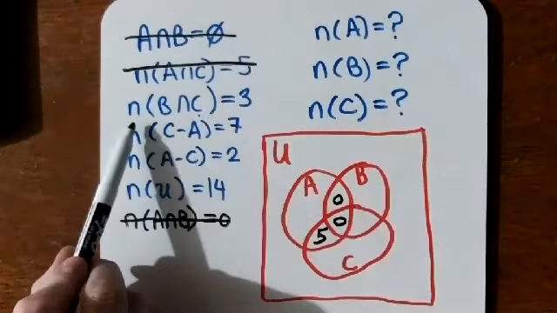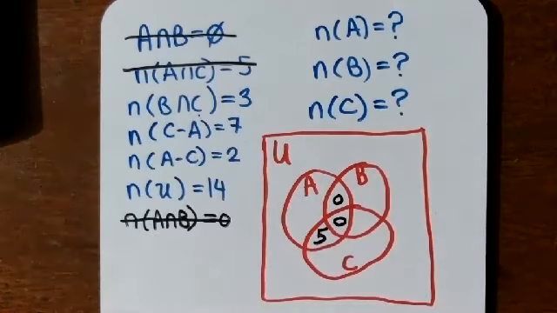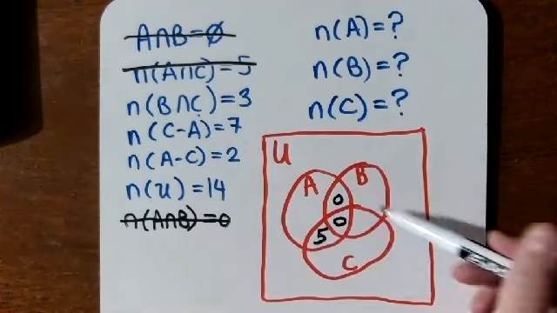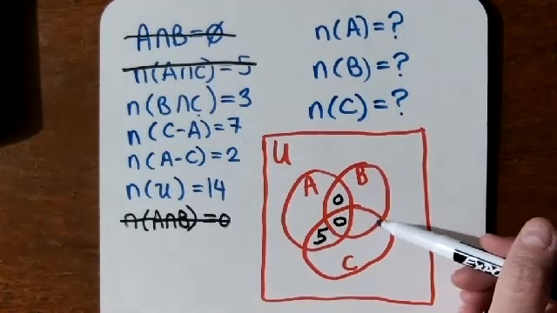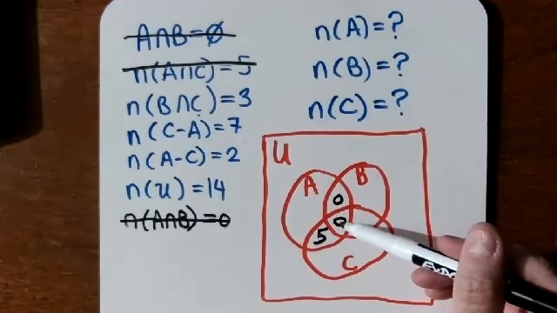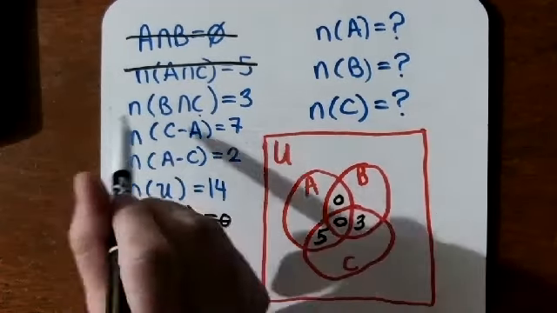Now we have the clue that the number of elements in B intersect C is 3. So B intersect C is where B overlaps C in these 2 regions, the sum of which is 3. 0 are here, so the other 3 are in this space here.